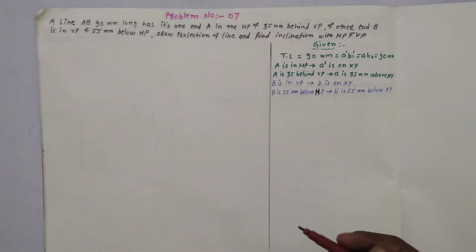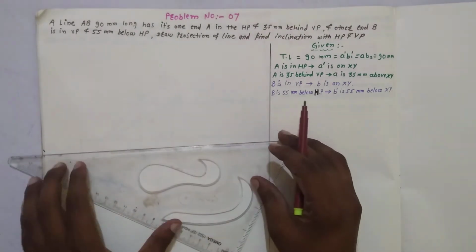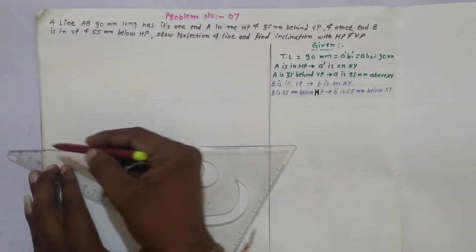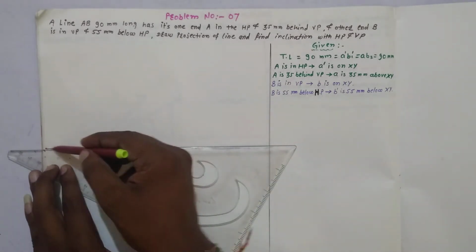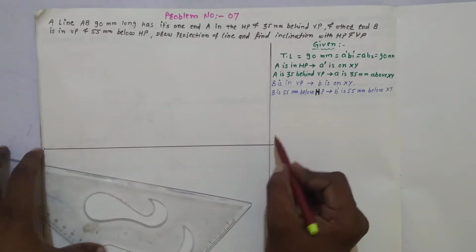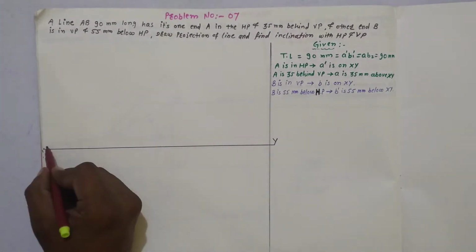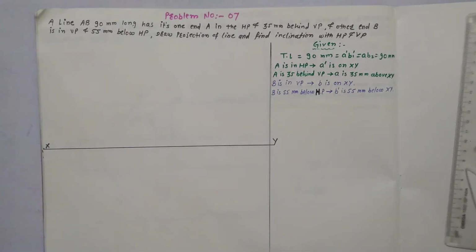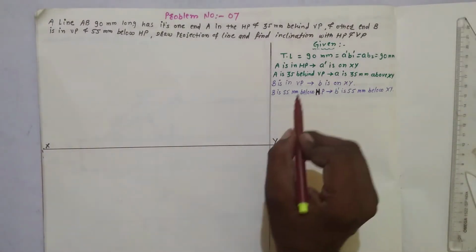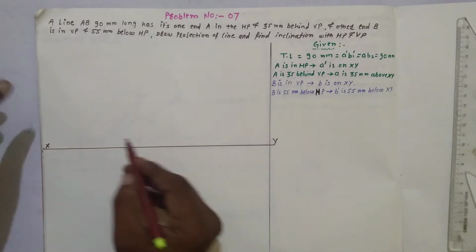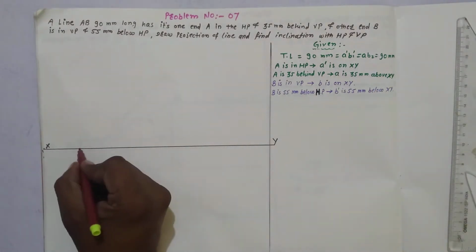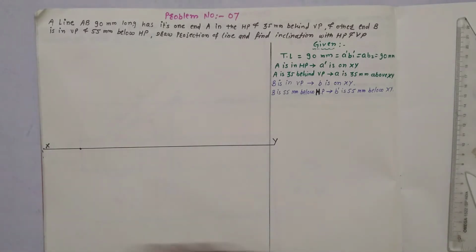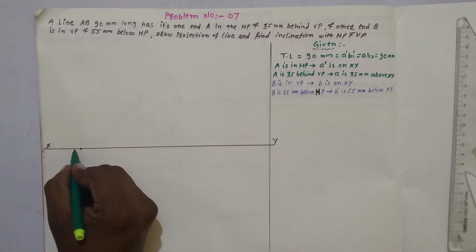Okay, so let's start to draw. First draw the XY line, this is Y and X. The first point is the location of A dash, which is on the XY line. I am just considering any point, suppose this point is A dash.